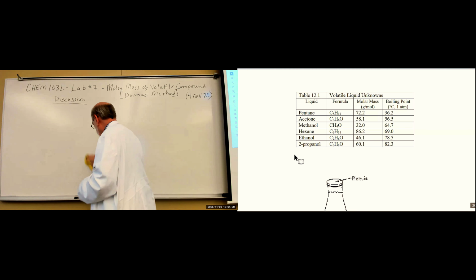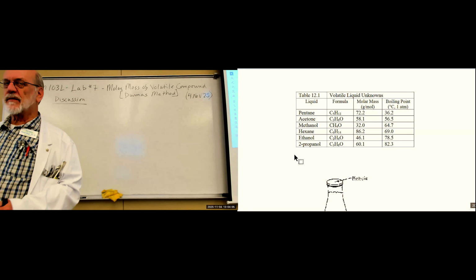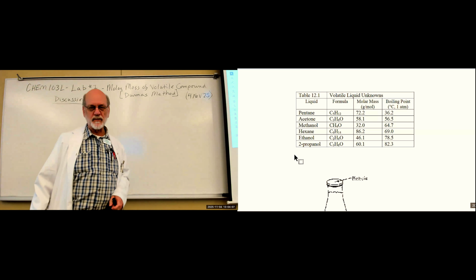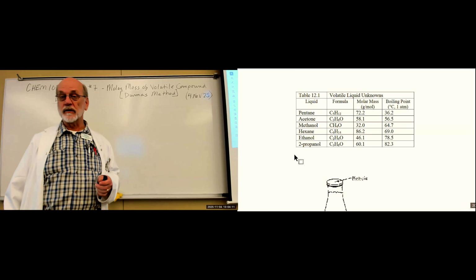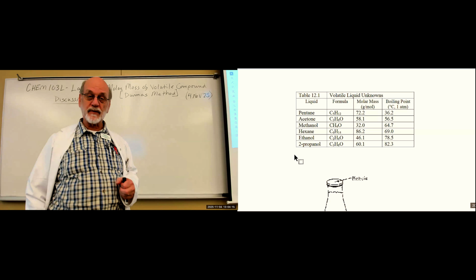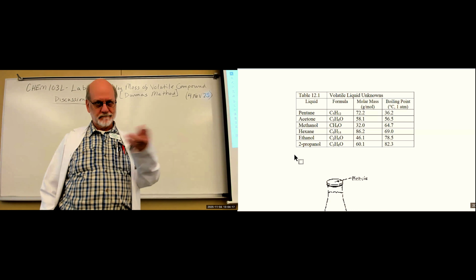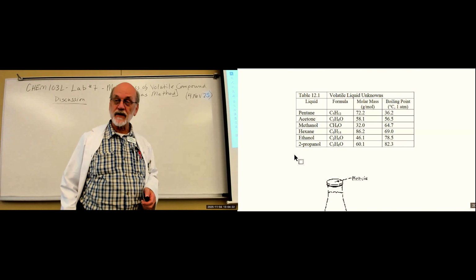Now, you may be able to take a guess at what it is if you smell it. If you're familiar with some of them, like if you happen to pick acetone, everybody knows what acetone smells like. Nail polish remover. Or isopropanol, 2-propanol. If you happen to pick that one, sniff it, you'll recognize that one. Some of you may be able to recognize ethanol.